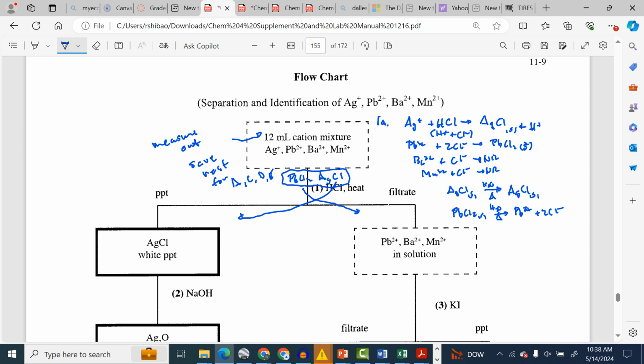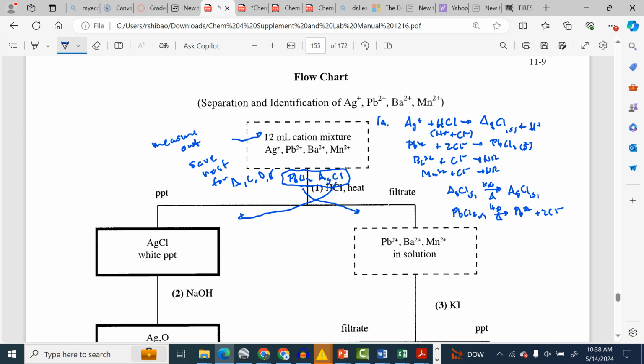So what I want to do is capture the white silver chloride precipitate in the funnel here. And what's going to drain out of that funnel is this. So the white precipitate goes here, and the solution goes there. Now this solution we don't throw away.